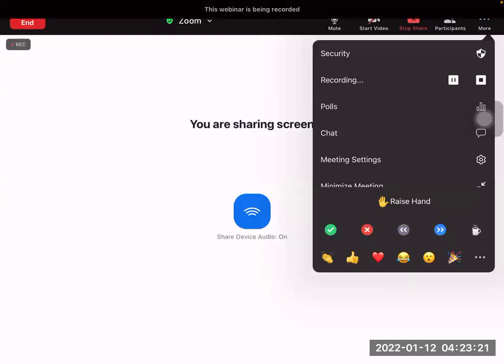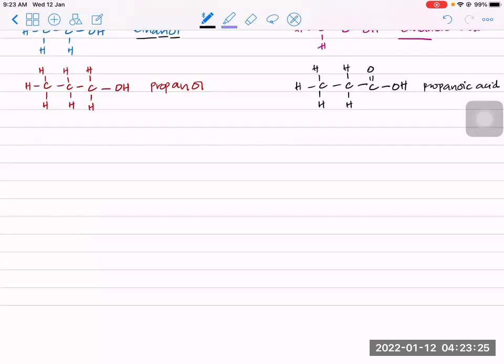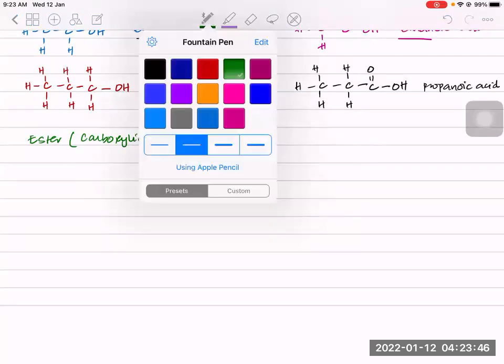All right. Moving on to esters. What are esters? Esters are formed by carboxylic acid plus alcohol. And I've already shown you the ester linkage. Let's see an example, and let's see how we name esters.